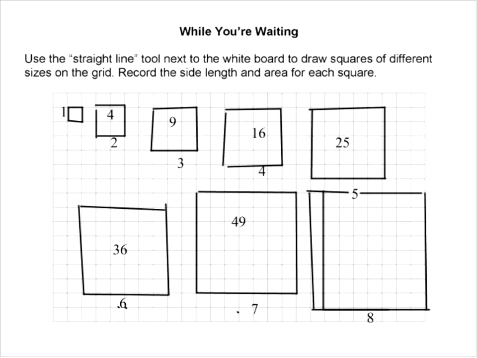So the question I want to ask here is, can somebody tell me what they see is the relationship between the side length and the area of each square? Look at each pair of numbers that Pat has written. The one that she wrote on the outside is obviously the side length, and the one that she wrote inside the square is the area of that particular square.